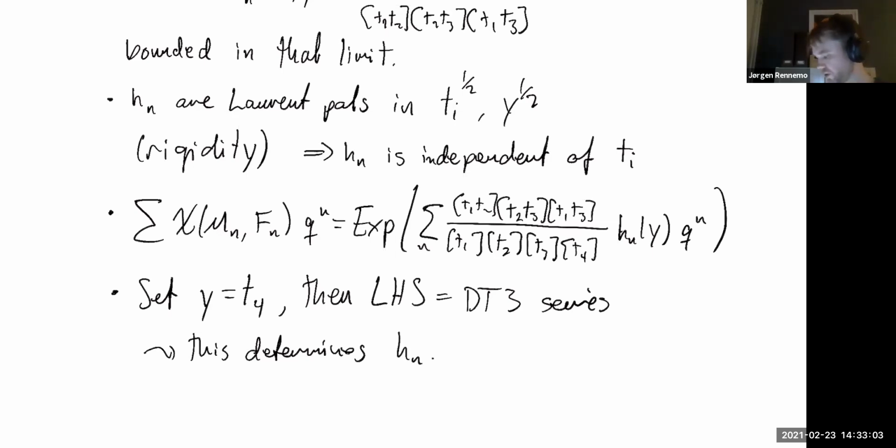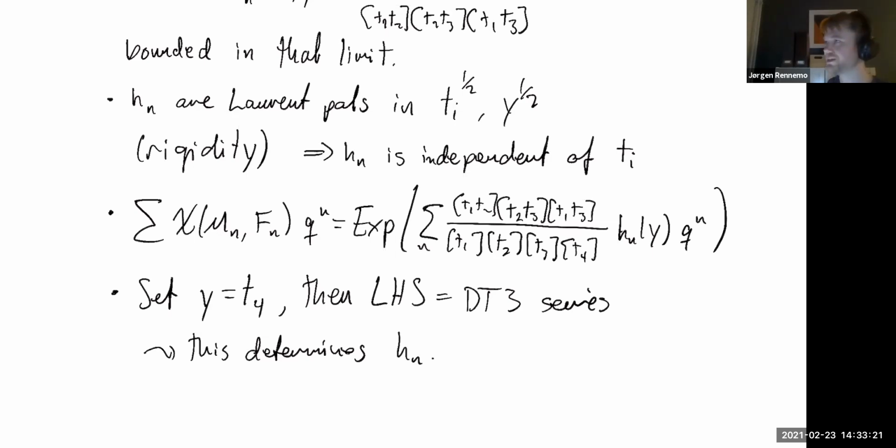So we have a Laurent polynomial, and we know what it is when we change the name of y to t4. Formally, if we know what it is when y equals t4, then it turns out we know what it is when y is equal to y.